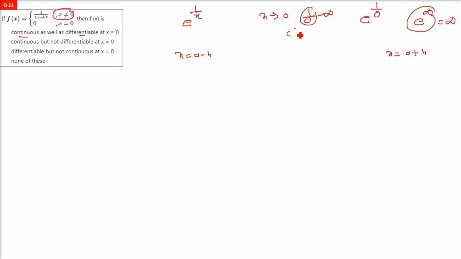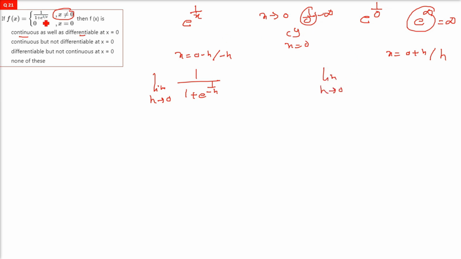So to check continuity, we will put x as negative h and x as positive h in this function, 1 by 1 plus e raised to the power 1 by x. I am directly writing minus h because we know what steps you are going to write. I'll show you the solution also so that you can try it yourself.